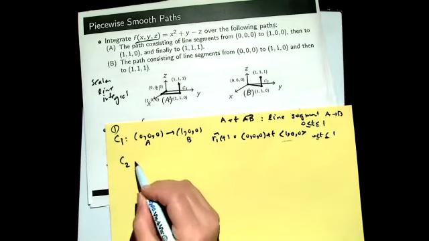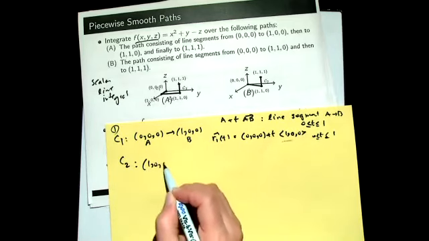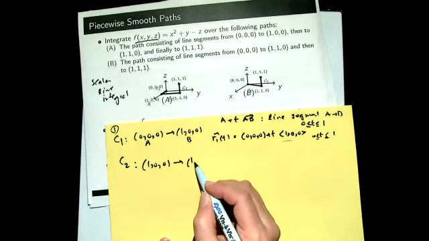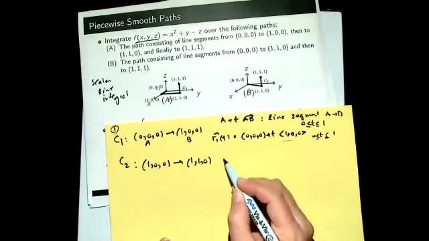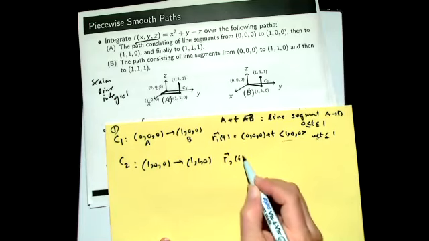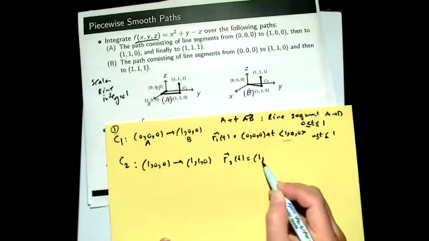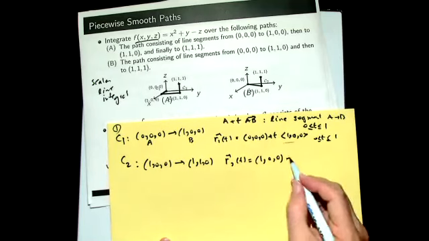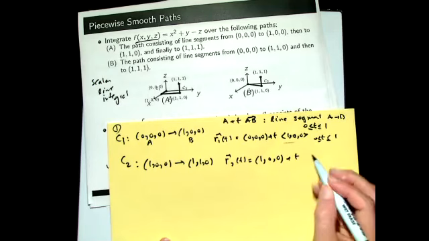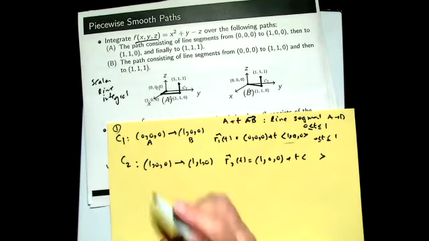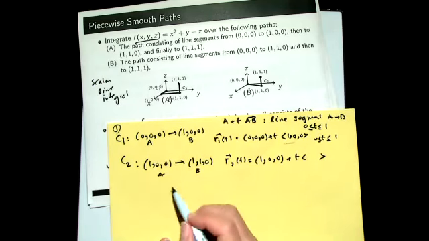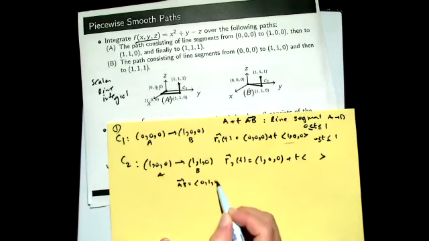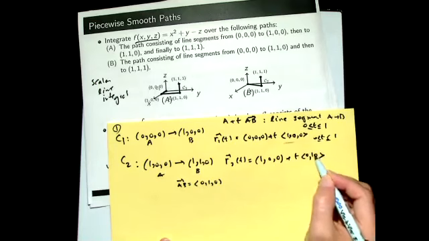Then C2 is 1, 0, 0 to 1, 1, 0. So that's R2 of T. This is beginning point plus T times AB. So this is A, this is B, and AB is equal to 0, 1, 0.